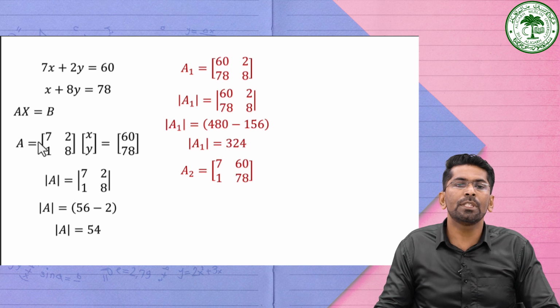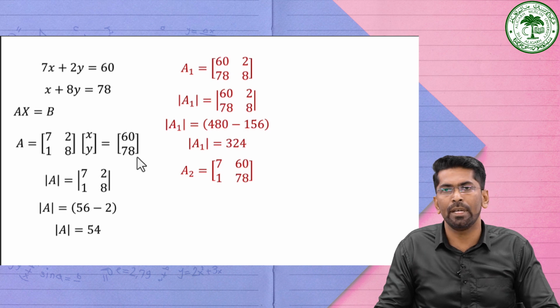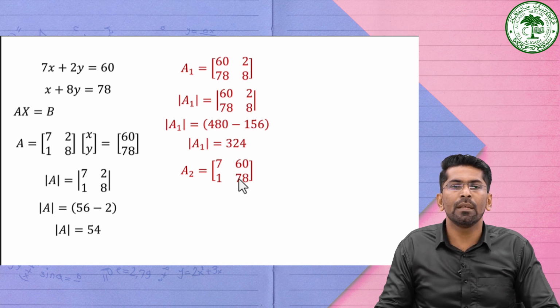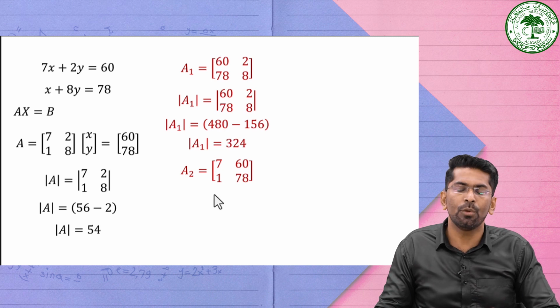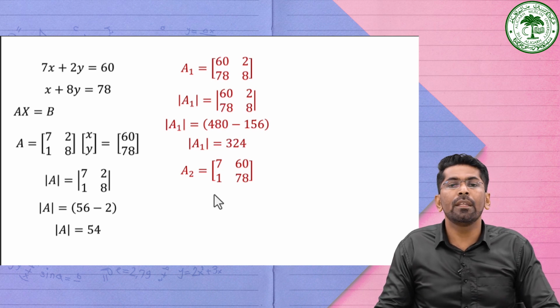So here the first column will be the same, that is 7 and 1, and the second column, that is 2 and 8, will be replaced with 60 and 78. So it will become 7, 1, 60 and 78. Now after forming this special matrix, that is A1, we are going to find the determinant value.